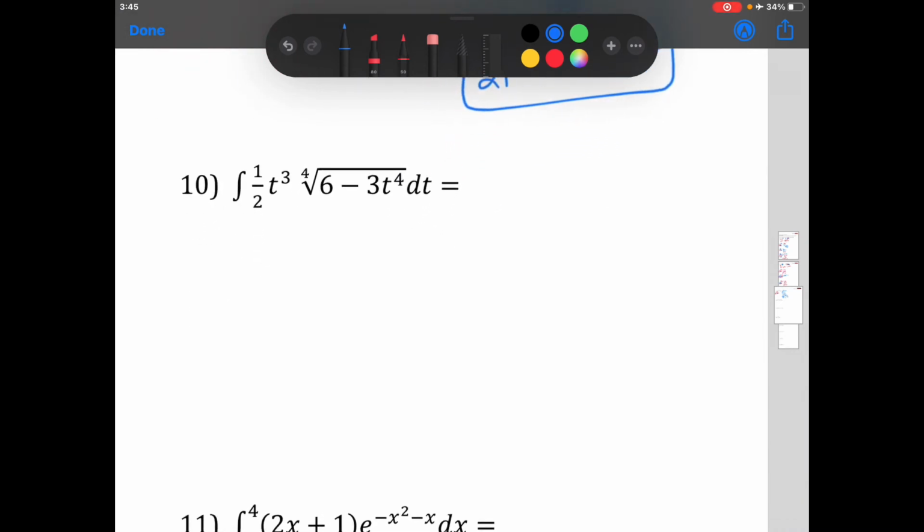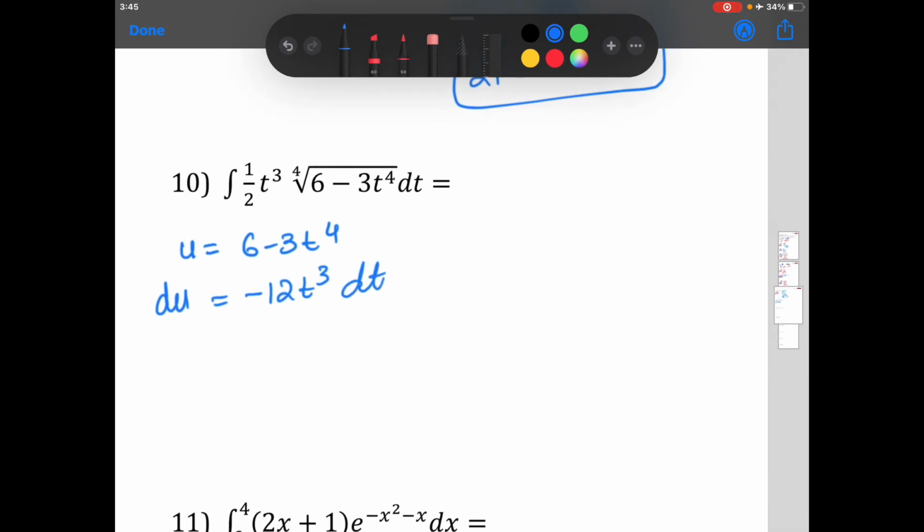Next one, again, it's very similar to the previous one. You're going to pick your u to be 6 minus 3t to the 4th. Du is going to be, the derivative of 6 is 0, and this would be negative 12t cubed dt. Now see what you have.